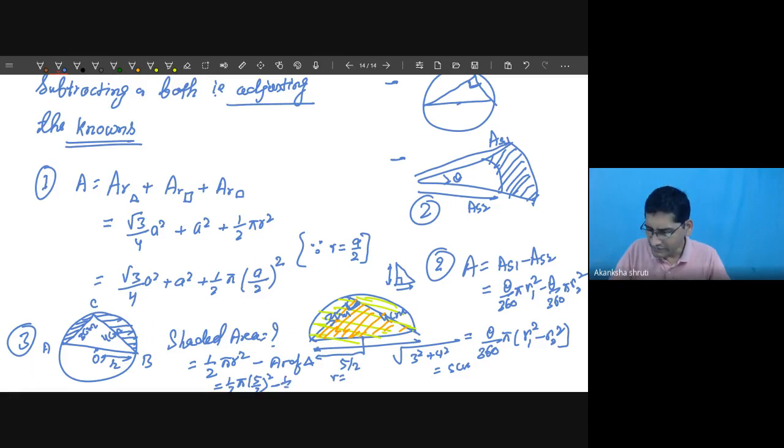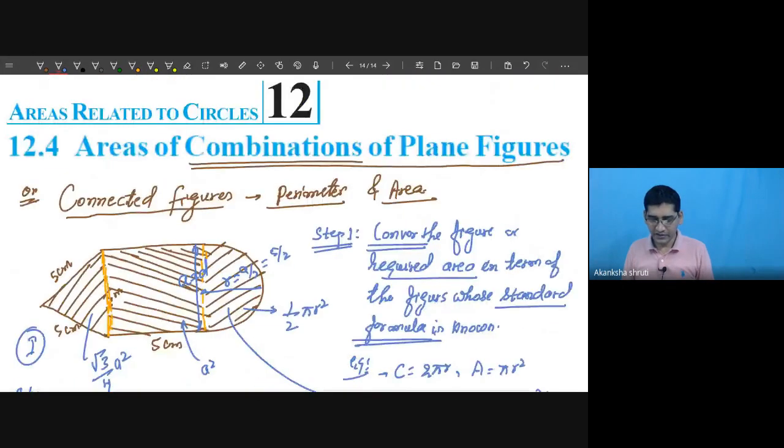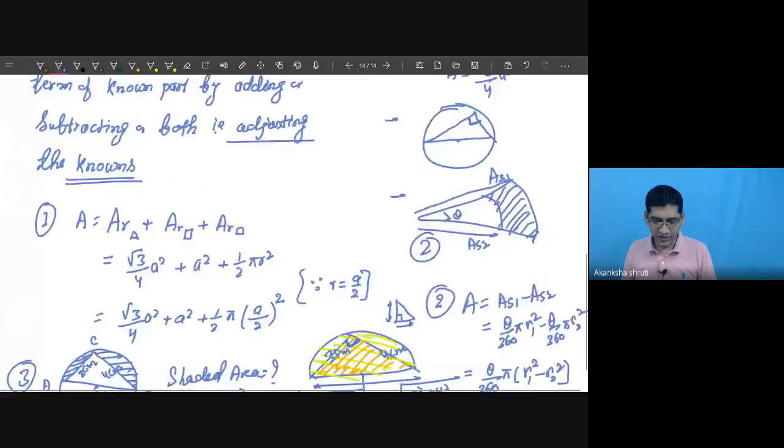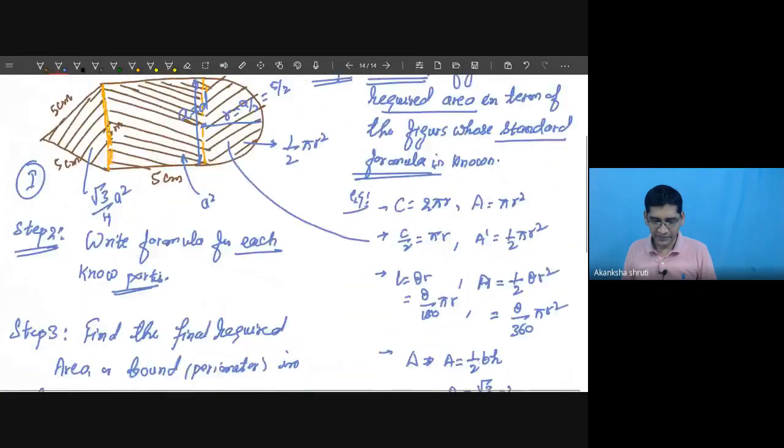So simply half into 3 into 4. It's so simple. Cancel it and find it. So this way we are getting that the concepts are very simple. Whatever previously we have learned, we have to adjust it. Correct? So this was the concept related to this. Now let us go for solving the question.